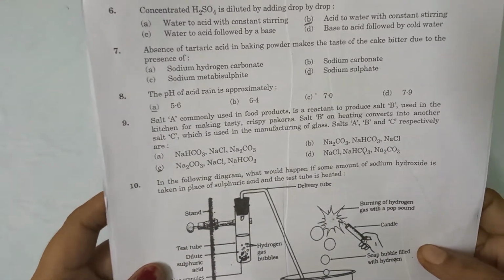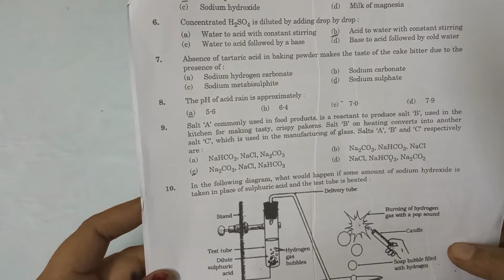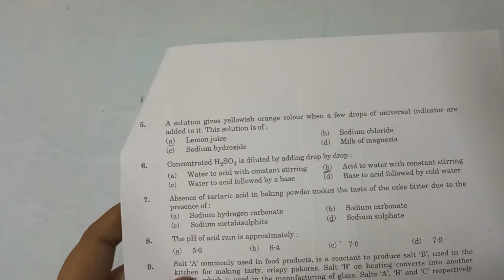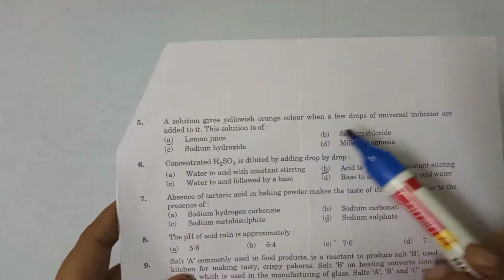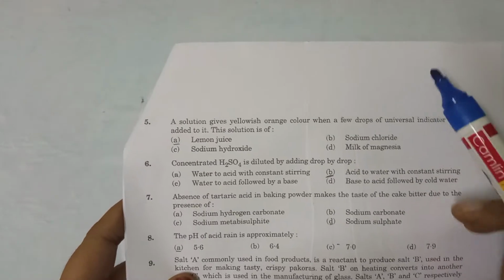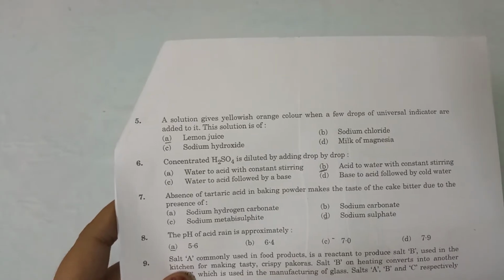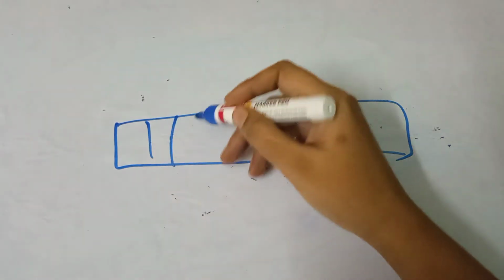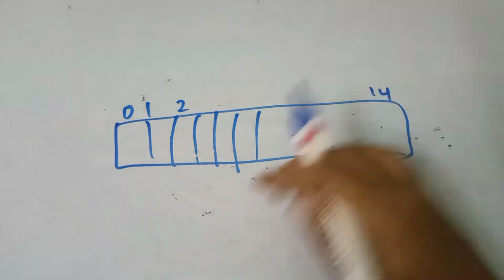In the fifth question, a solution gives a yellowish orange color when a few drops of universal indicator are added to it. This solution is? We know the universal indicator indicates whether the given solution is acidic, basic or neutral, and it has different color lines, so 0, 1, 2 till 14.